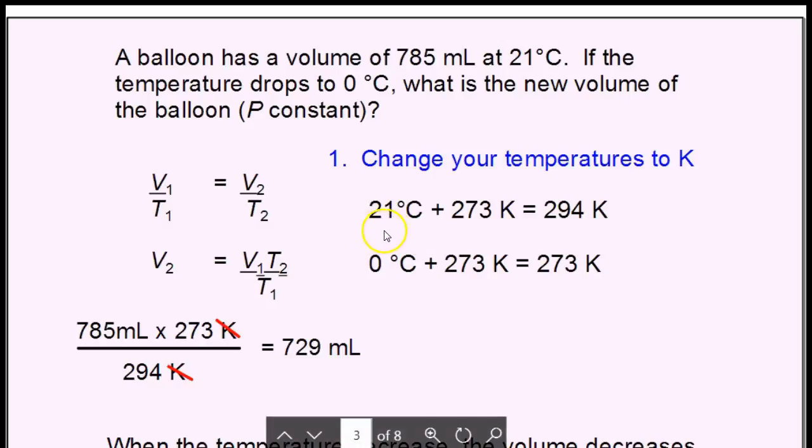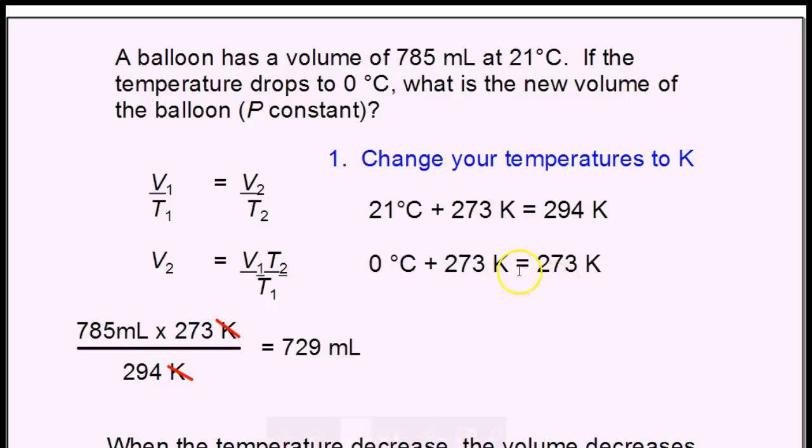So you're going to take 21 degrees Celsius and you're going to add 273 Kelvin, and that is going to equal 294 Kelvin, no degrees, just Kelvin. And now we need to change 0 degrees Celsius to Kelvin as well. So 0 degrees Celsius plus 273 Kelvin is going to equal 273 Kelvin.